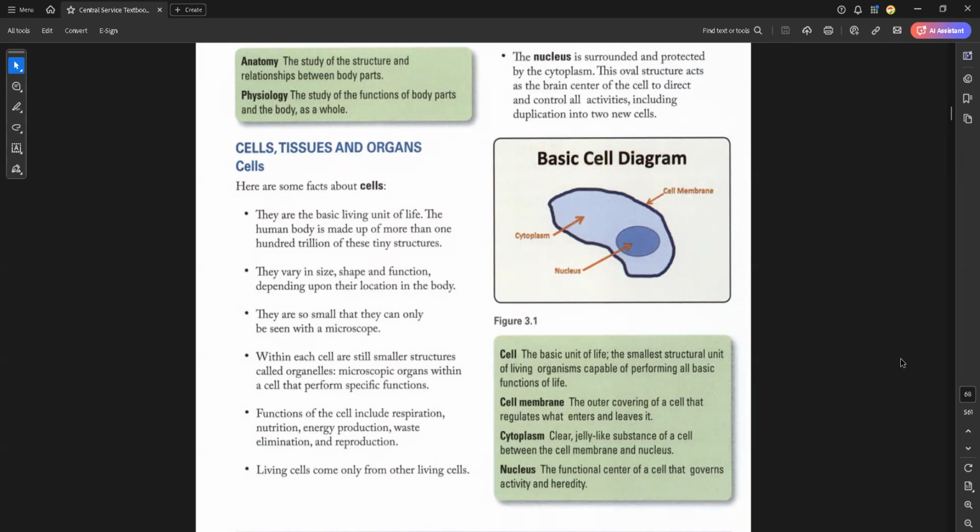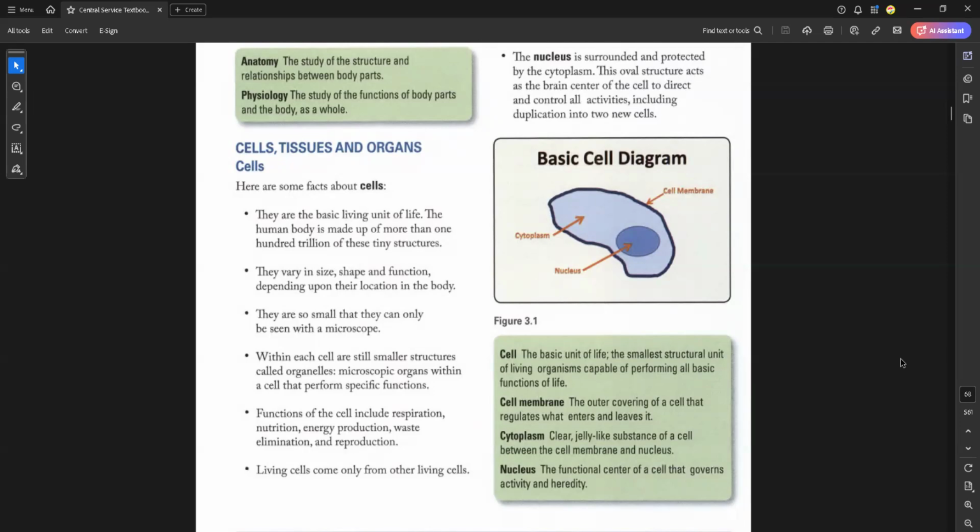The cytoplasm is like a cushion around the cell nucleus within the cell membrane. Now, the cell membrane has passages from where oxygen, when you breathe, goes to the cell nucleus, and waste products will also go out. These passages around the cell membrane are not shown in this picture, but that's how it is.